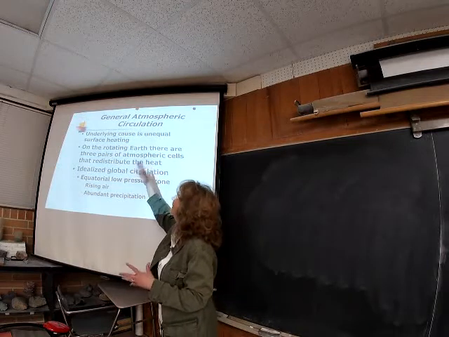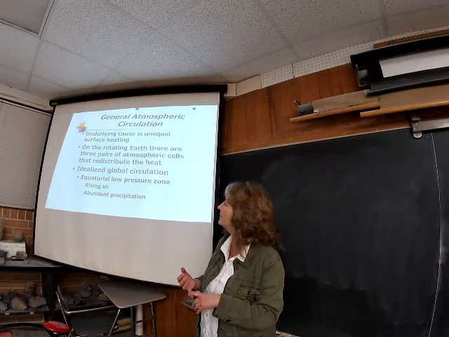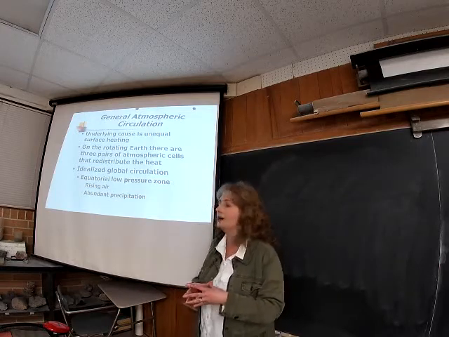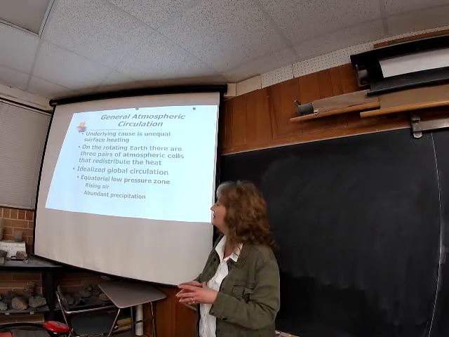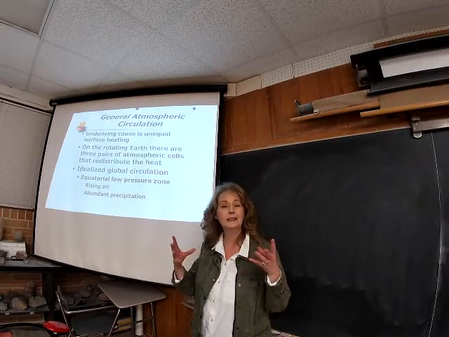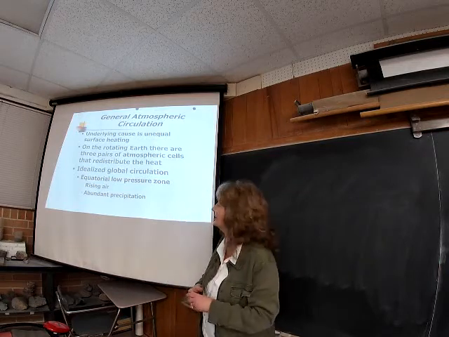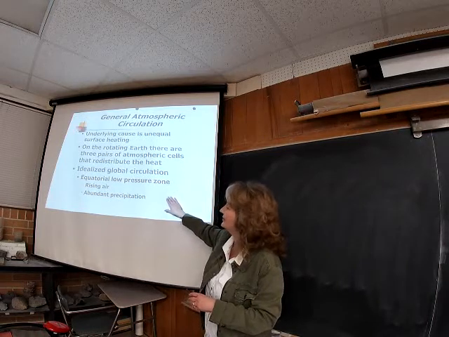But we have these pairs of atmospheric cells, they're called Hadley cells, that will help to redistribute kind of that heat. And again, heat is always transferred from high to low. So we're trying to get all that excess heat in the equator area towards the poles, and then vice versa. So an idealized global circulation.